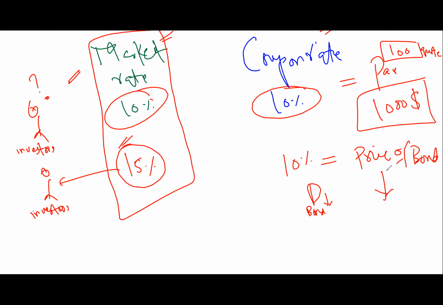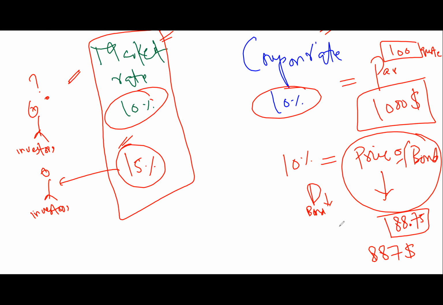So when the price decreases, it is quoted below par, or the value is $887. The quoted rate is 88.75. So it means the value is below par, below 1,000.